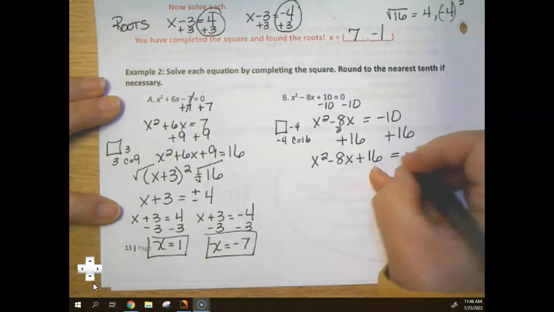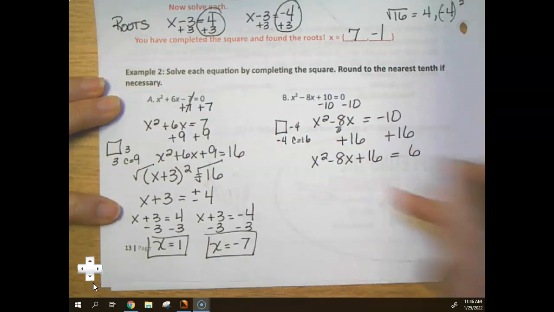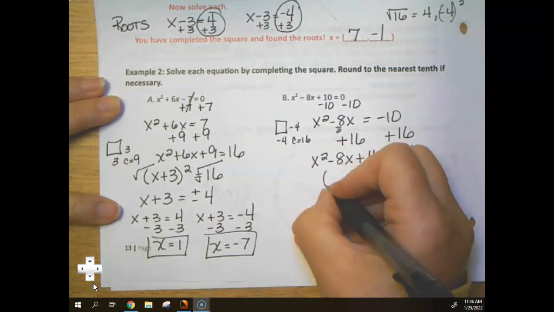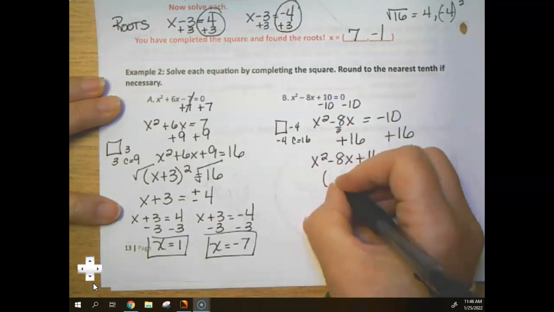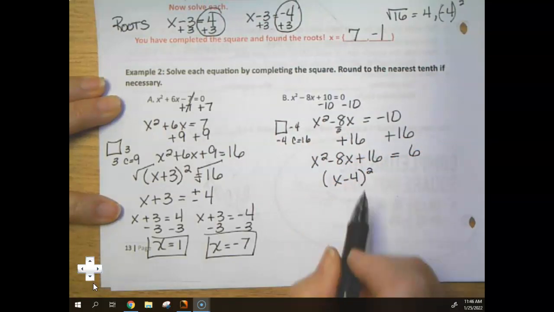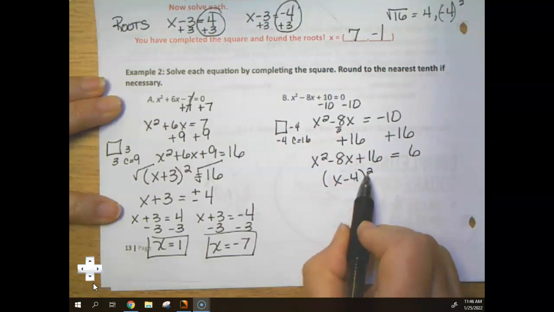And this gives me a positive 6. Did I do that right? It's not 2 by 2. Yeah, it is. Okay, I'm good. Next, my factors, I should know, would be x minus 4 squared. And if you think about it, this squared gives me the 16.